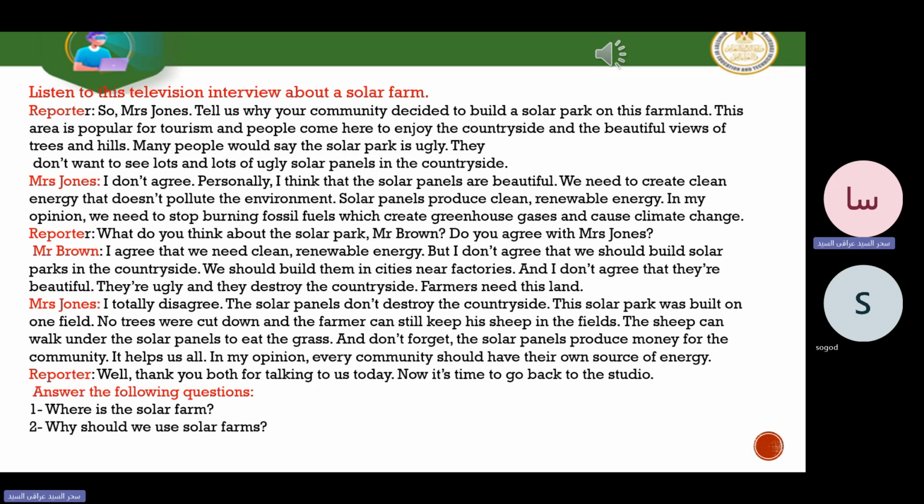Some people support the idea that we generate cleaner energy, which is something good, but other people thought that having it in the countryside destroys the countryside, destroys the life in the countryside. We have different opinions here. Which one do you support?